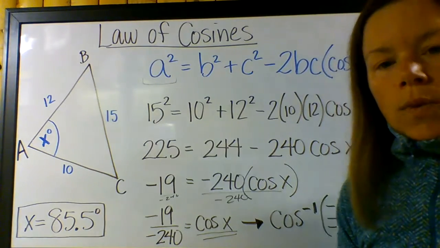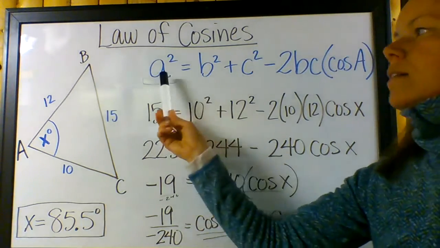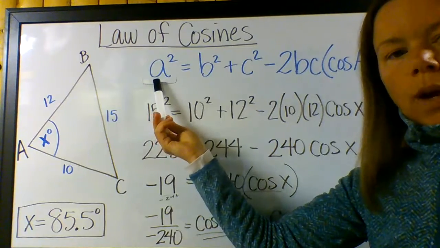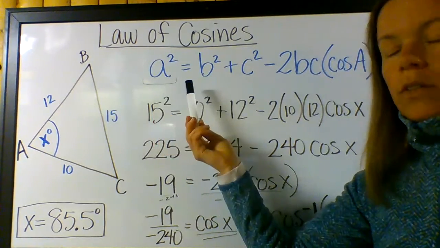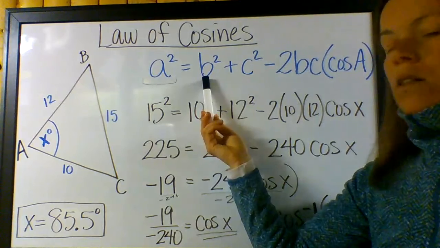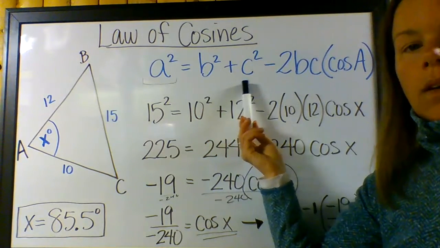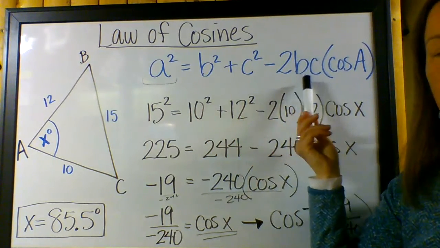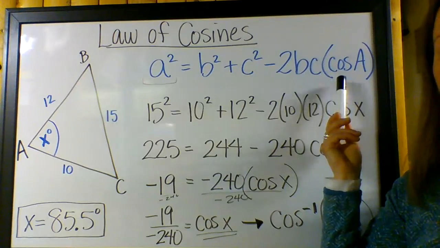So again, you're looking at the side across from the angle squared equals the second side squared plus the third side squared minus 2 times the second side times the third side times the cosine of that angle.